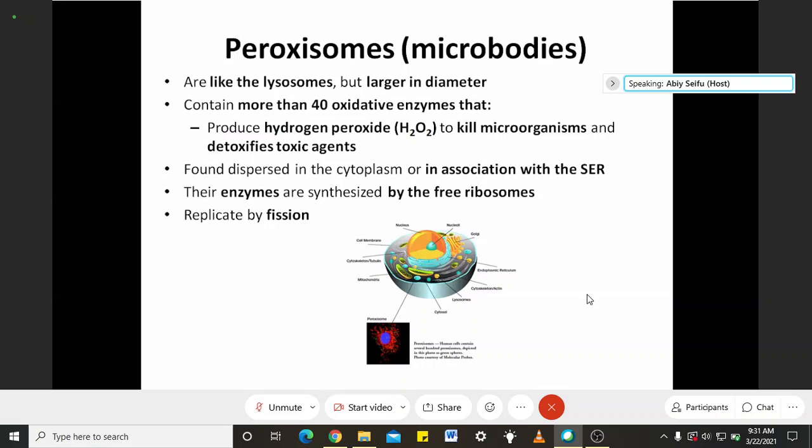Whereas ribosomes which are not attached to the rough endoplasmic reticulum produce proteins for use within the cell, including, for example, proteins or enzymes of peroxisomes. So peroxisomes are not produced by the rough endoplasmic reticulum. Instead, they are produced by the free polyribosomes we are going to describe soon.